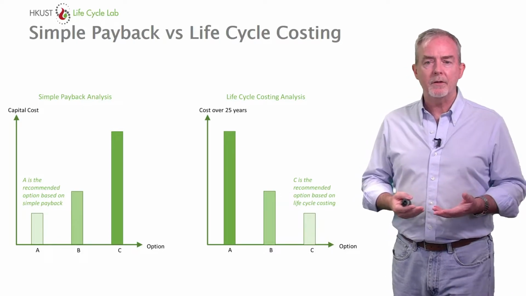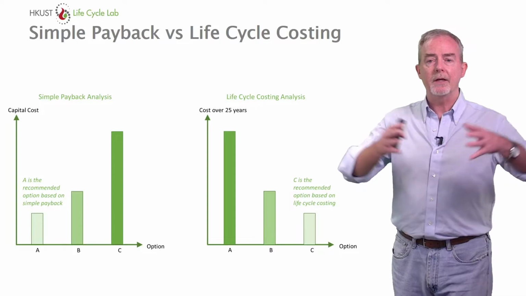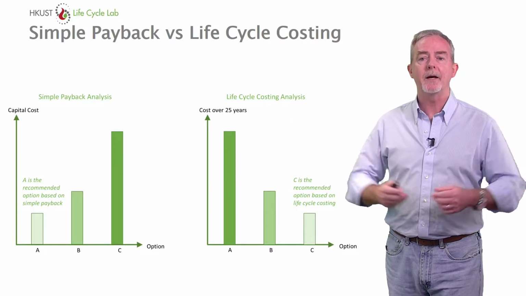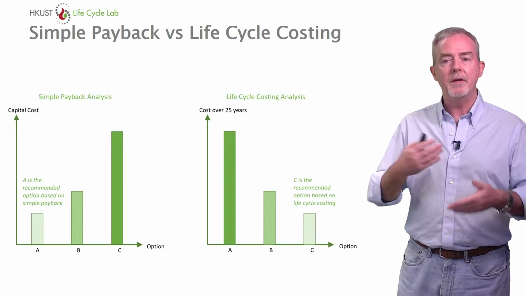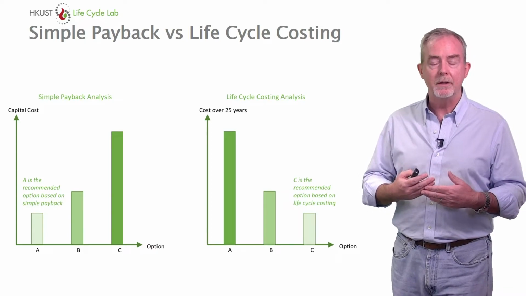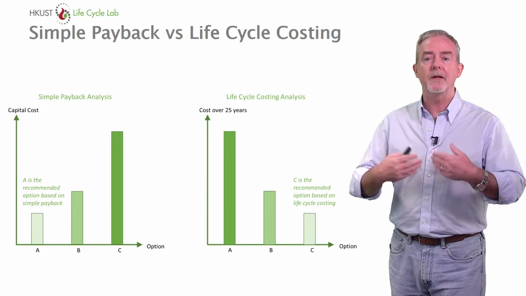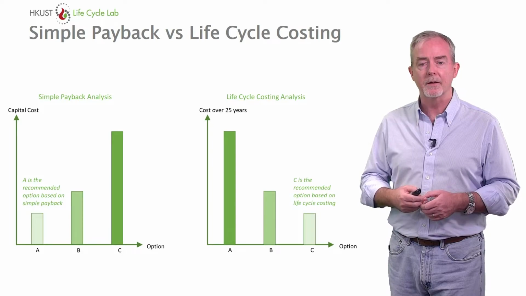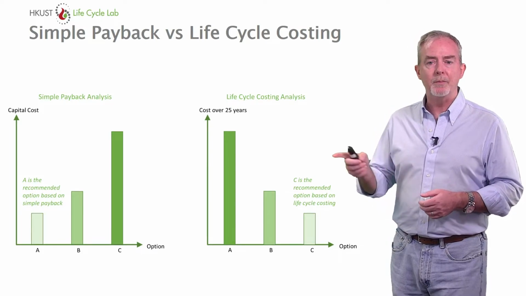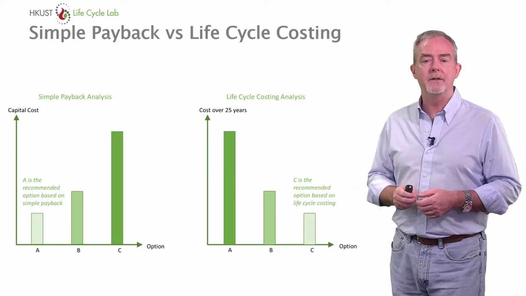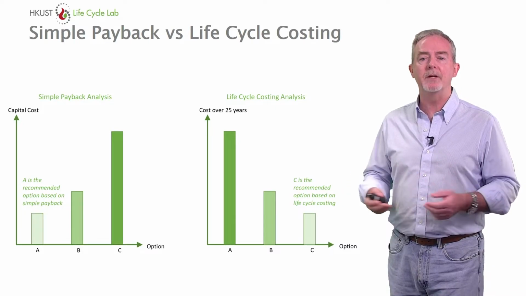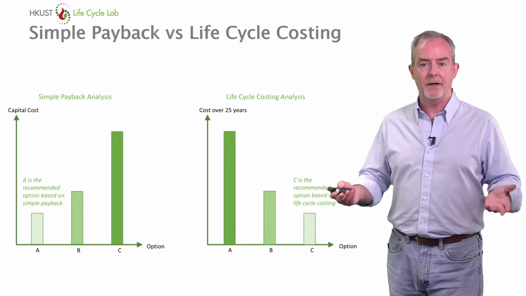But what life cycle costing allows us to do is take a look at the overall lifespan of that product or that service and think about all the things that would be included in the benefits and the cost associated with that product. And if we look at it in that way, then we might see that actually option C is a much better value over time.